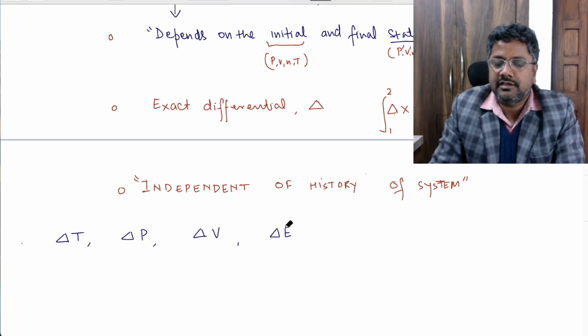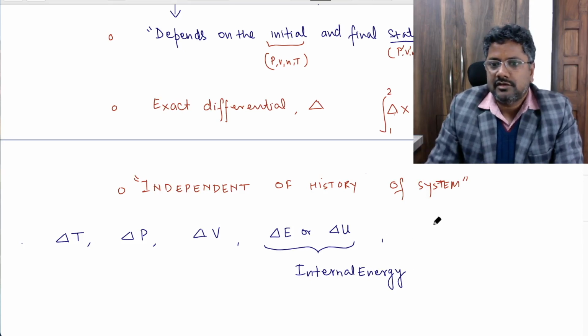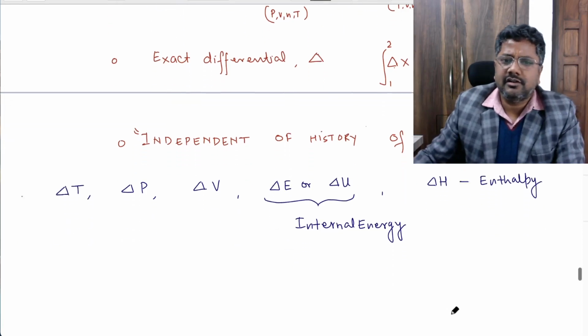Delta E or delta U, this is called internal energy, right? Delta H, this is called enthalpy, right? All these are state functions.